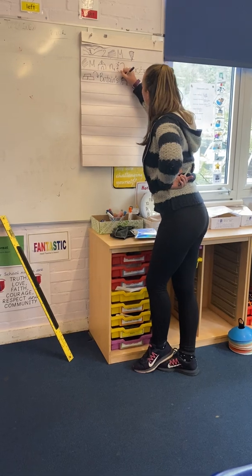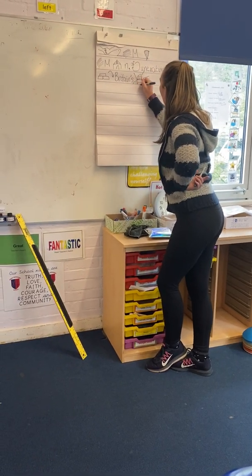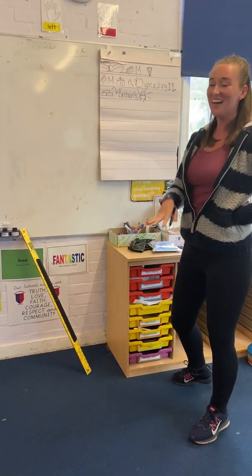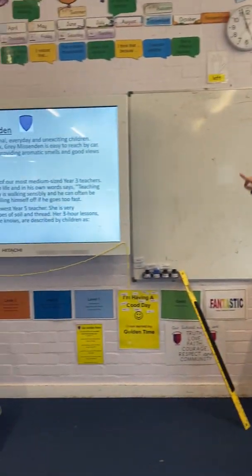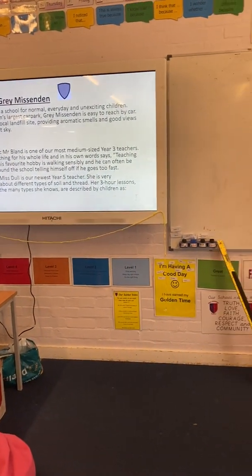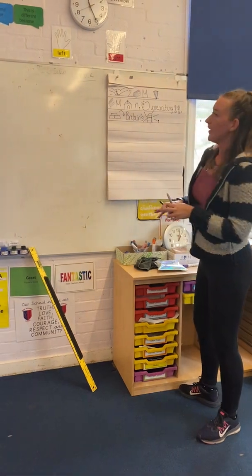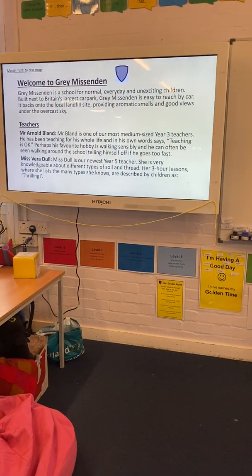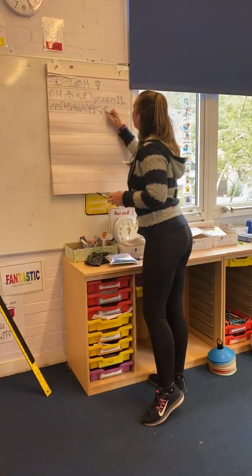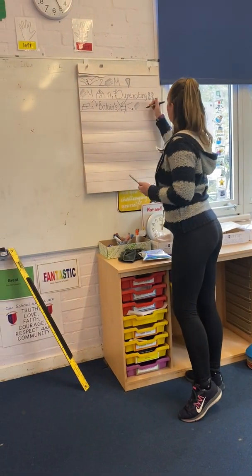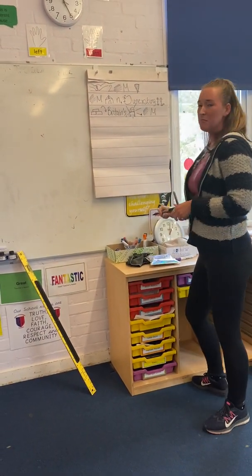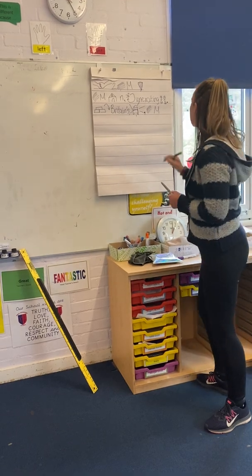Show it's really large. I'm going to go like, wow. Largest car park. I know what it means, it's fine. And then we've got a comma. And Grey Missenden is easy to reach by car. So Grey Missenden is easy. Maybe a thumbs up, like easy.